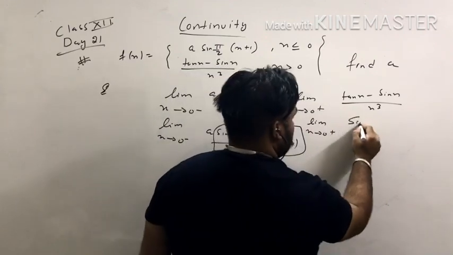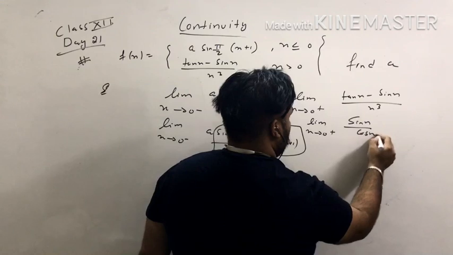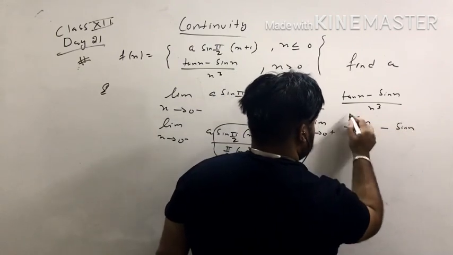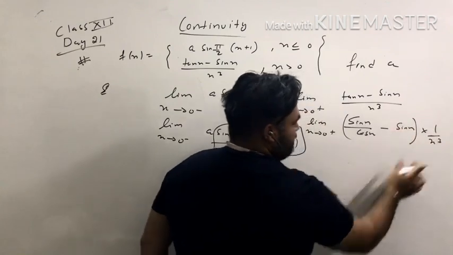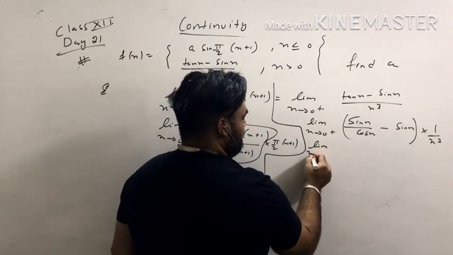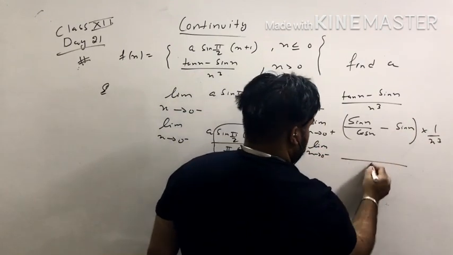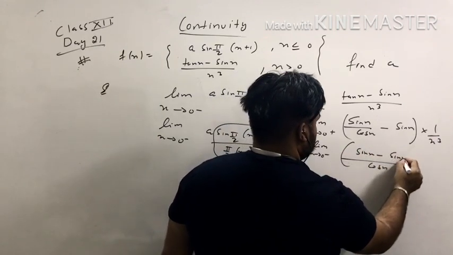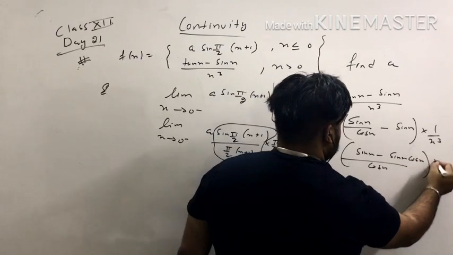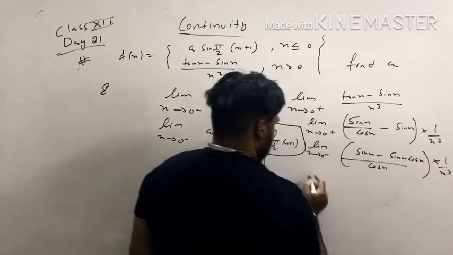Tan x is sin x upon cos x minus sin x, with 1 upon x cube in the denominator. Now limit x tends to 0 minus, take LCM. This becomes sin x minus sin x cos x into 1 upon x cube.